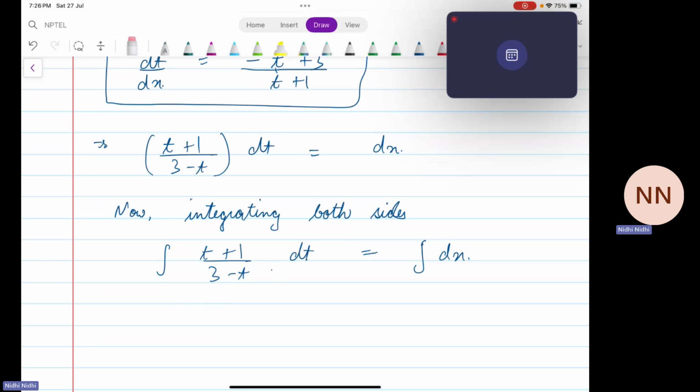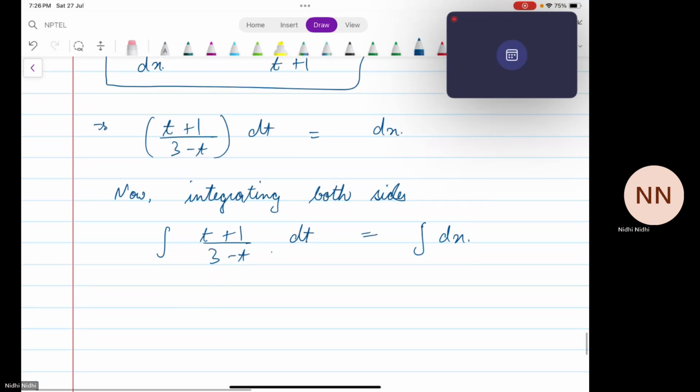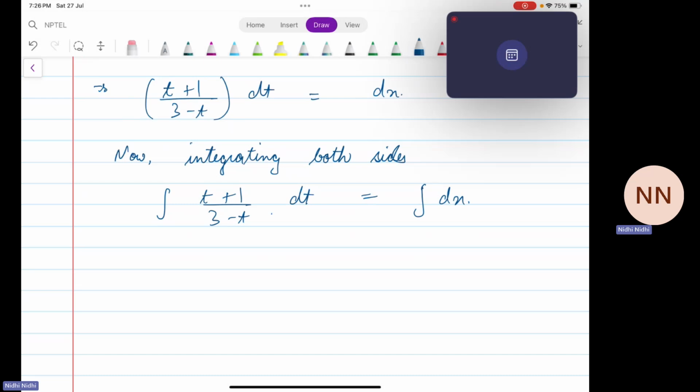So with that in our mind, we will write this integral as minus 3 minus t. So this is basically minus 3 plus t. We want plus 1, so we will add a 4 on 3 minus t dt, and integral of 1 is x plus some constant c.